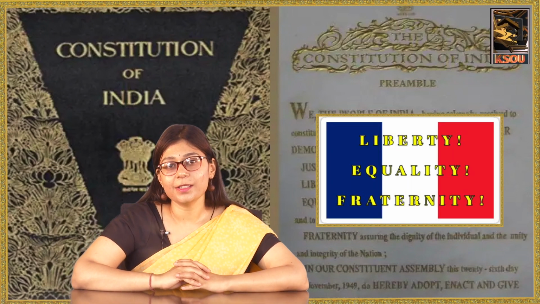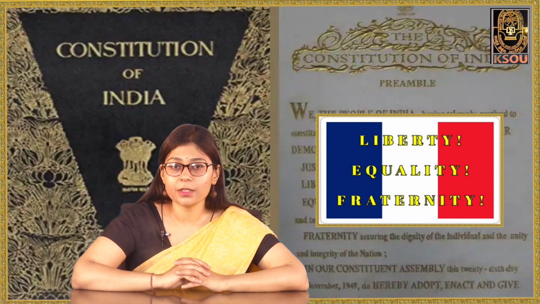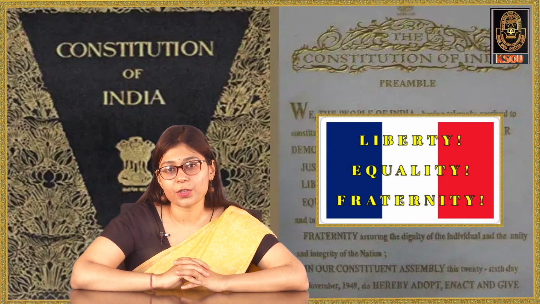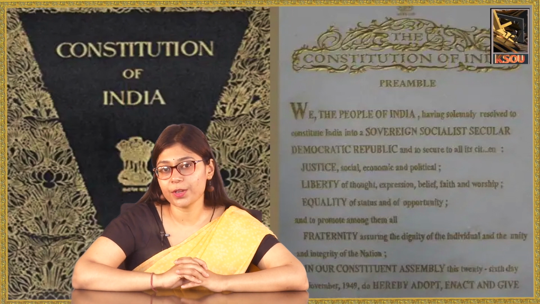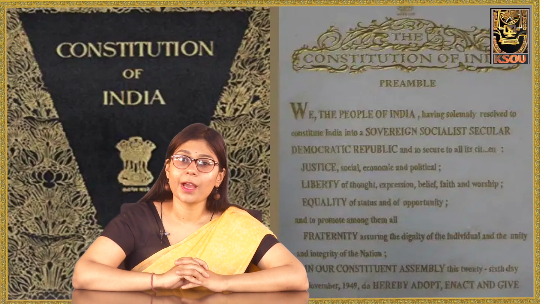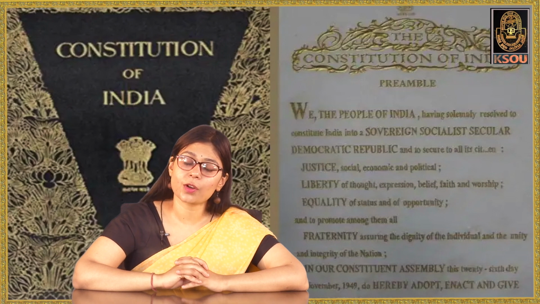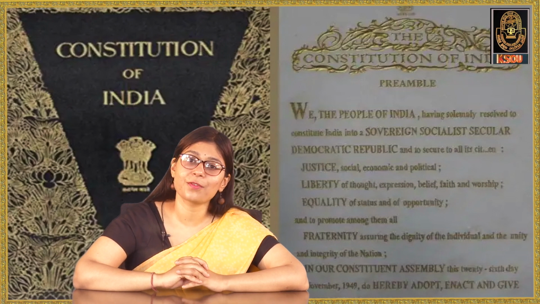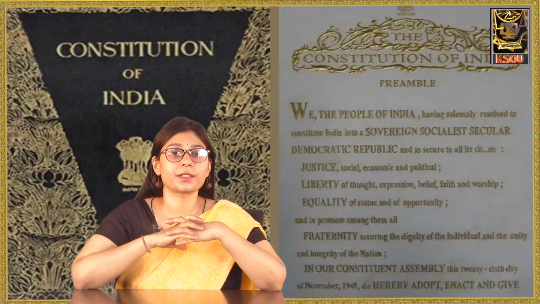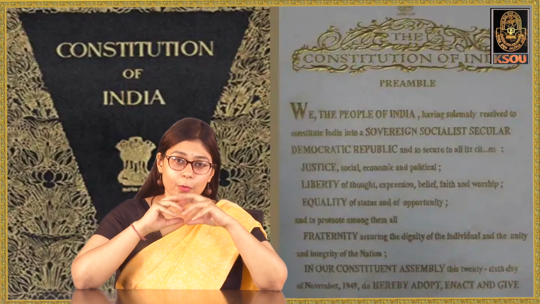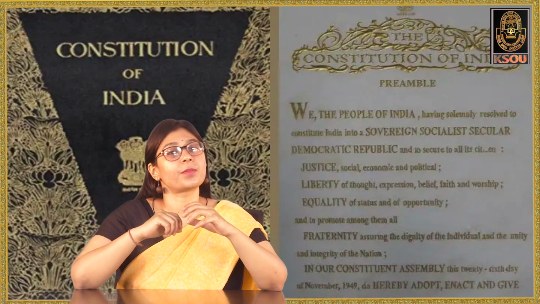Republic and the ideals of liberty, equality, and fraternity were borrowed from the French Constitution. The preamble in itself was first introduced in the American Constitution, and thereafter it was adopted in the constitutions of other countries that followed. This particular topic is also very famous from the competitive exam point of view, and questions several times appear from this unit.